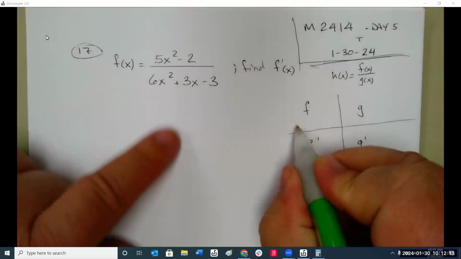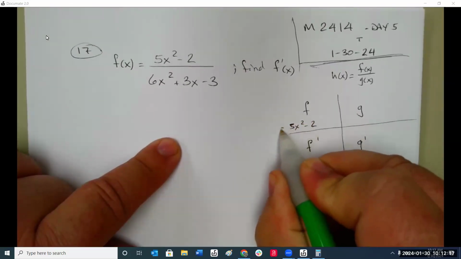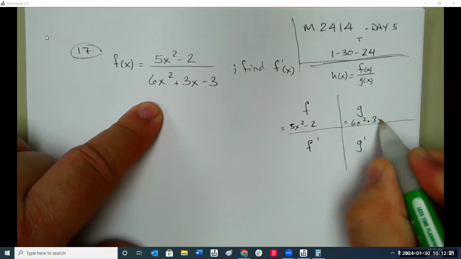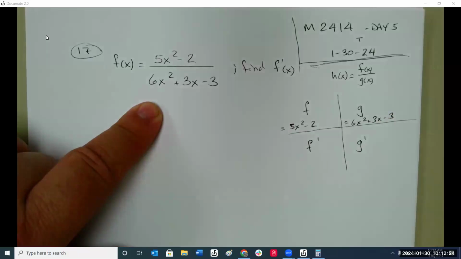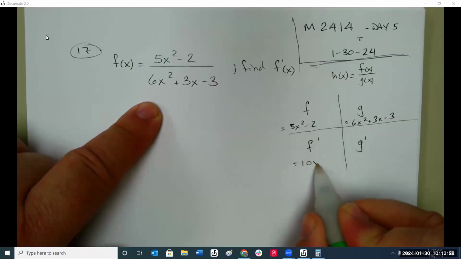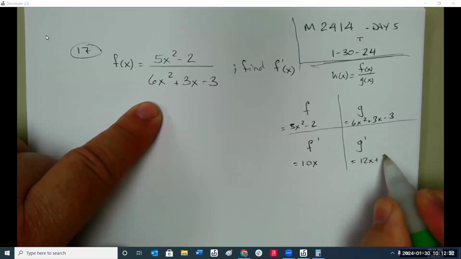So the original function is 5x squared minus 2. G is 6x squared plus 3x minus 3. Now we take the derivatives. 10x, 12x plus 3.